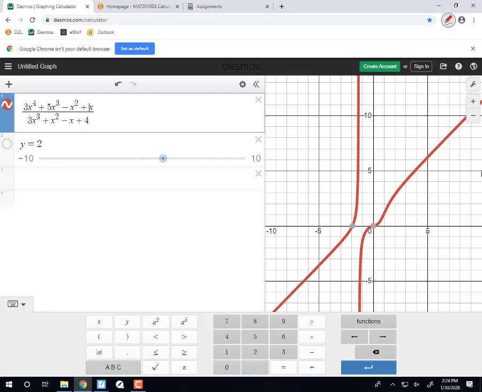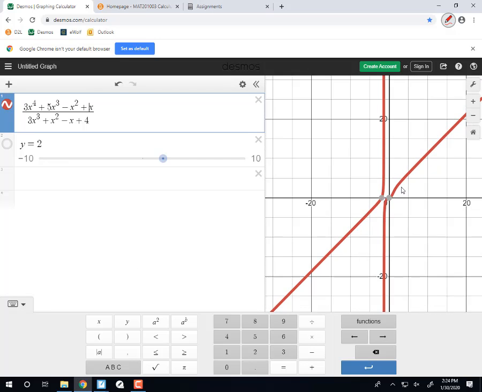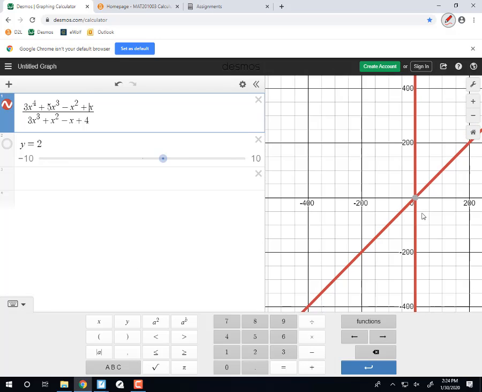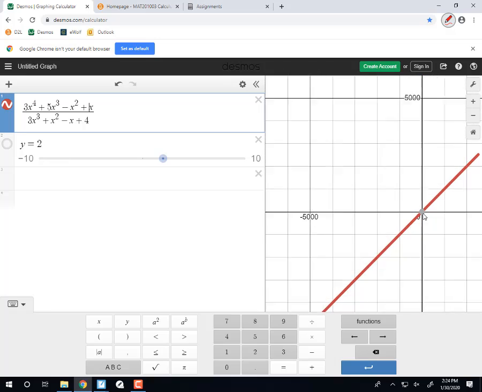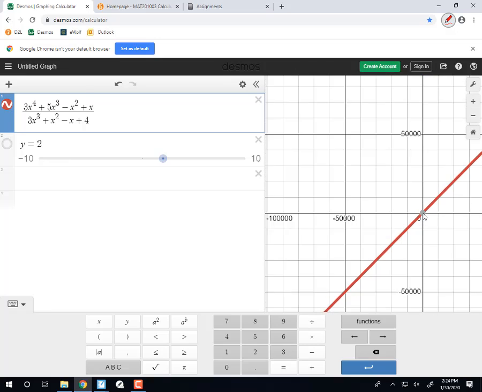Okay, so that's the function we just looked at. As we zoom out, it doesn't get flat. There is no horizontal asymptote.